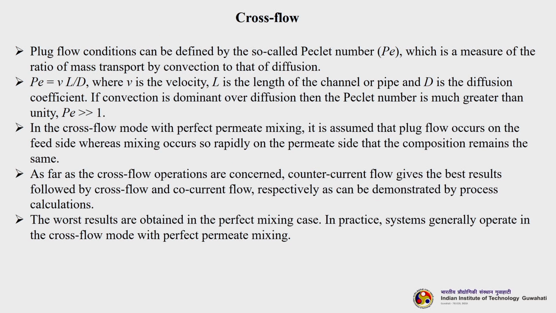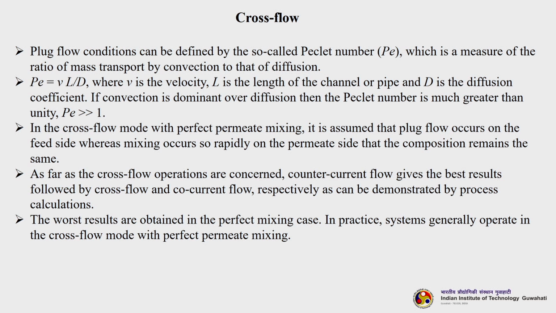The plug flow condition can be defined by the so called Peclet number, which is a dimensionless group. The Peclet number is defined as the mass transferred by convection to that of diffusion. So, it is V L by D, where V is the velocity, L is the length of the channel or the pipe, and D is the diffusion coefficient.